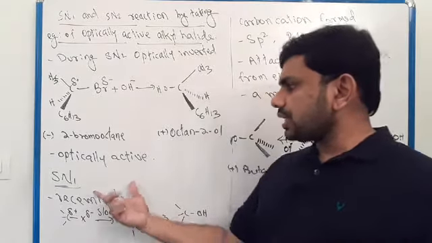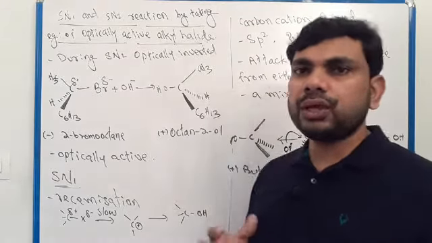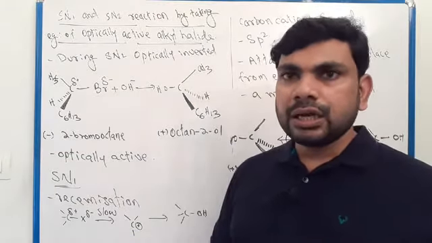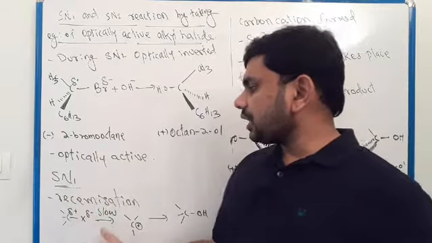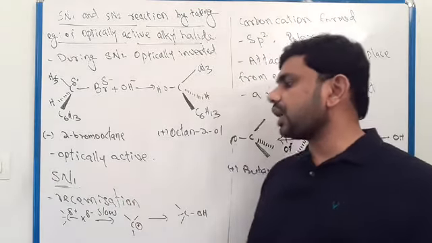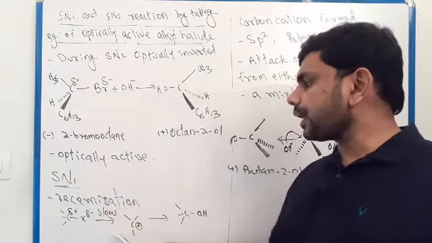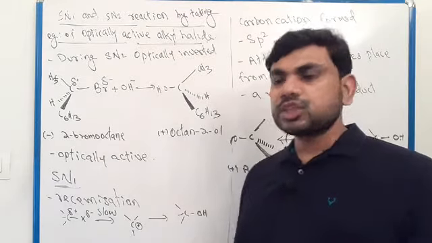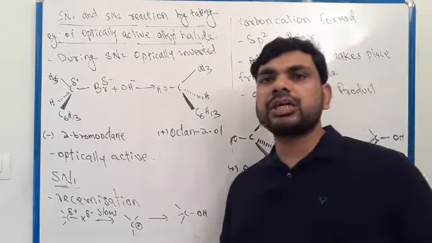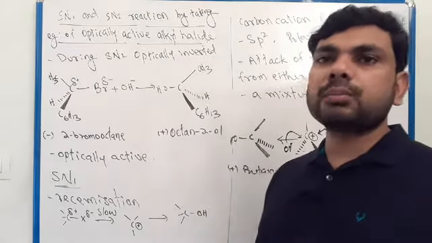Now let us discuss the SN1 reaction. We know the SN1 reaction takes place in tertiary alkyl halides. During this reaction carbocations are formed. The tertiary carbocation is more stable than the primary and secondary carbocations.